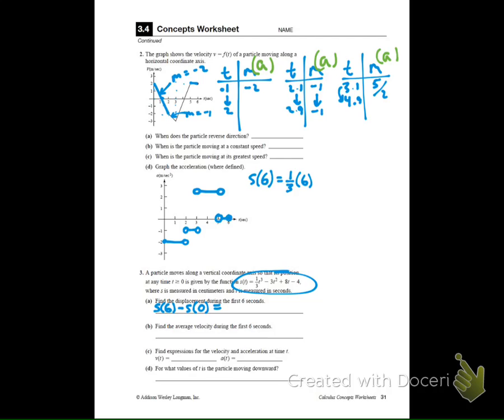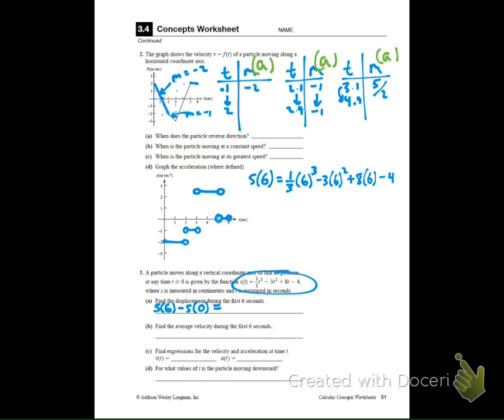It tells us what the position is at any time. So we're going to replace t with 6 because we want to know what the position is of this moving object at the 6-second mark.